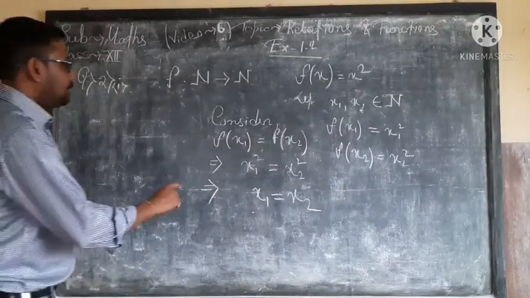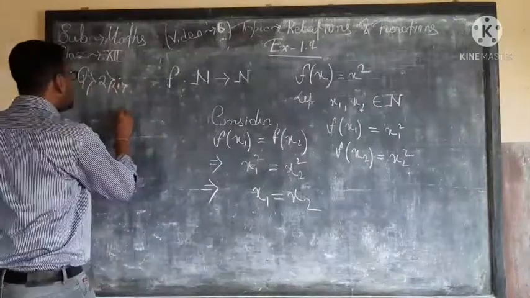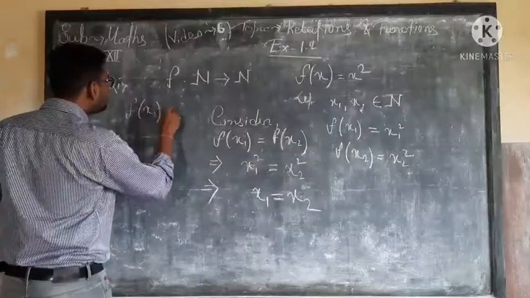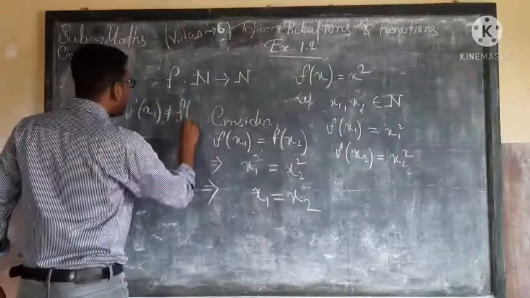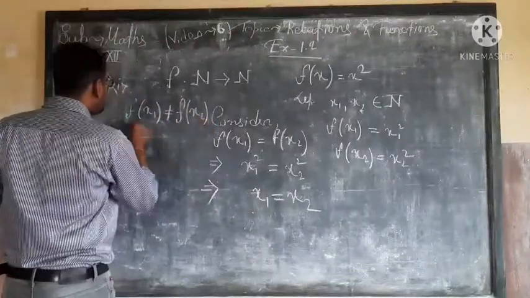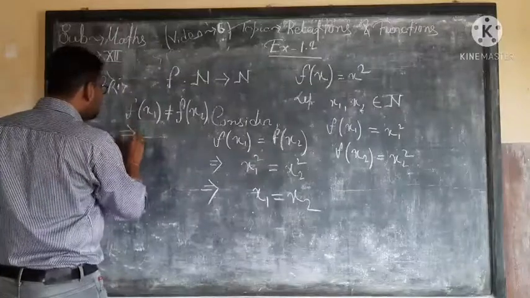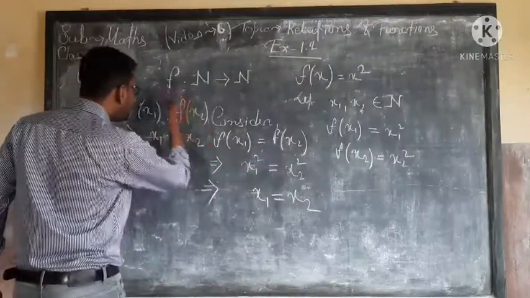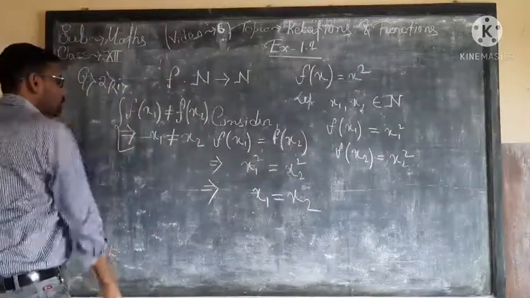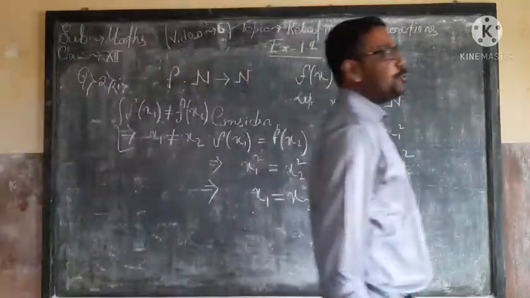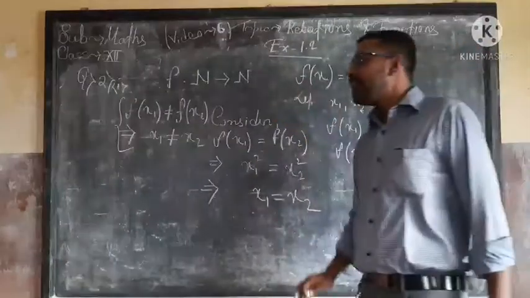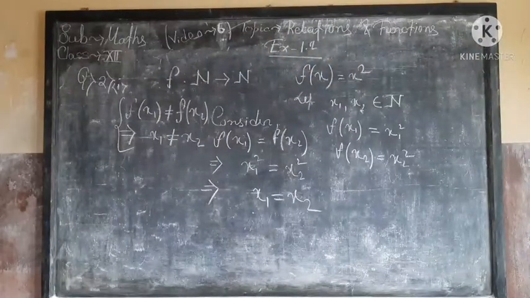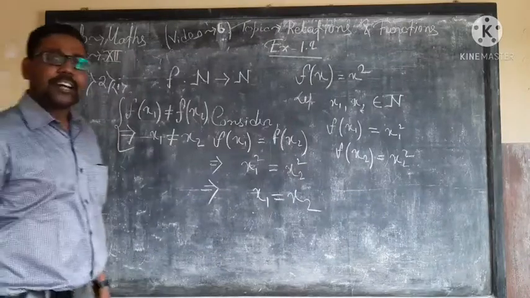Okay? And if we consider f of x1 is not equal to f of x2, it implies that x1 is also not equal to x2. That means it is also a procedure to prove that any particular function fulfills the one-one criteria.